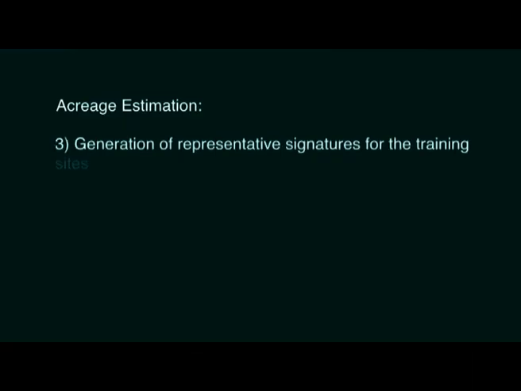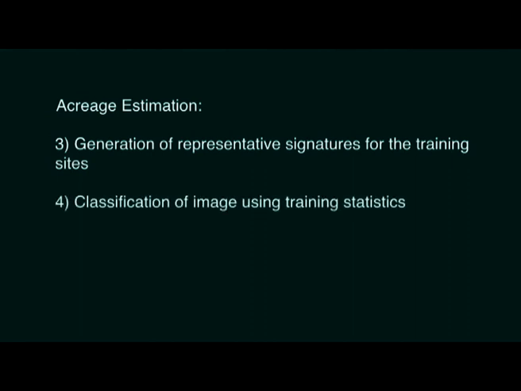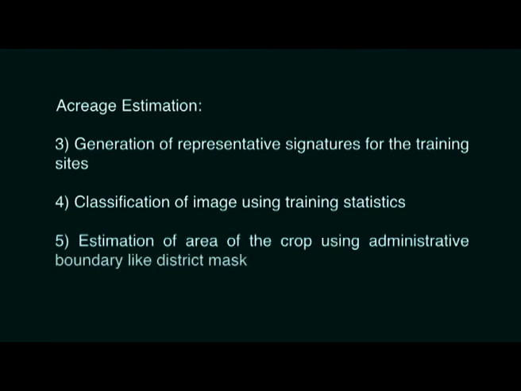So, we identify certain representative sites, say for this particular crop this site will be used as a representative site. Then for another crop another area will be taken, and that will be verified by going to the field. In the third step, the sites we have identified are called the training sites, and then comes generation of representative signatures for the training sites.